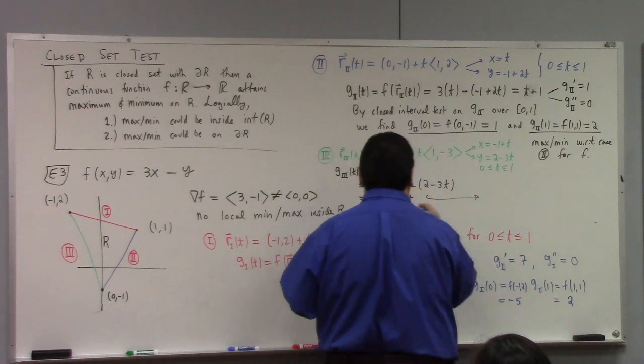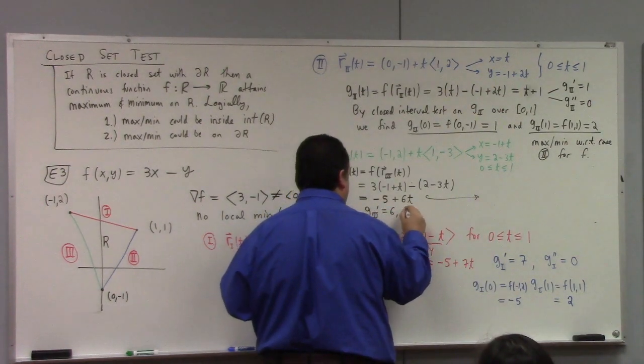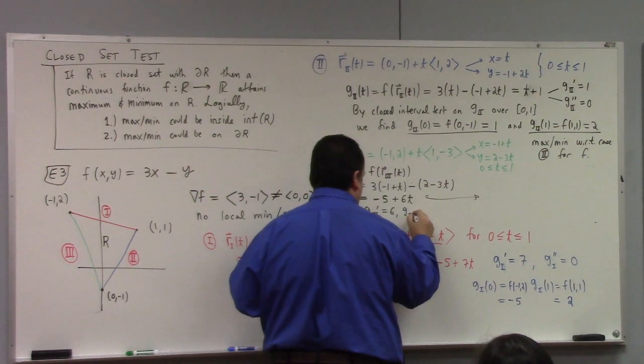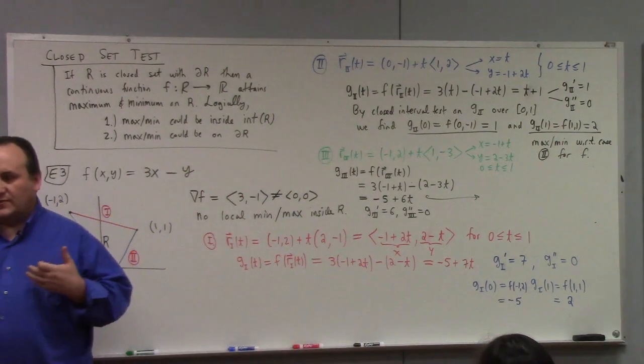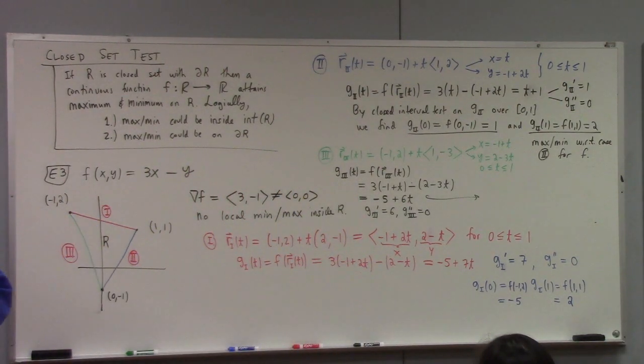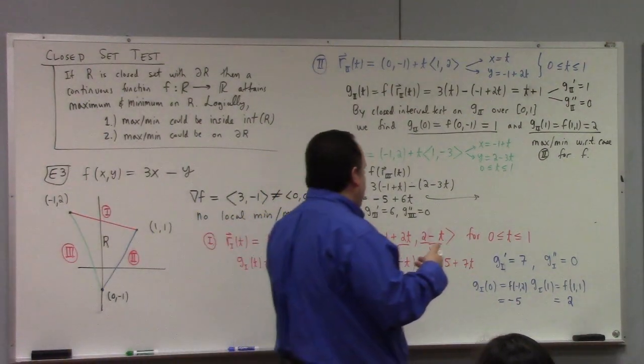And again, you notice that g3 prime is equal to 6, whereas g3 prime prime is equal to 0. That shows me there's no critical points on 0 to 1 interior. So the min and max of this function of one variable has to occur at 0 or 1 respectively by the closed interval test from Calc 1.